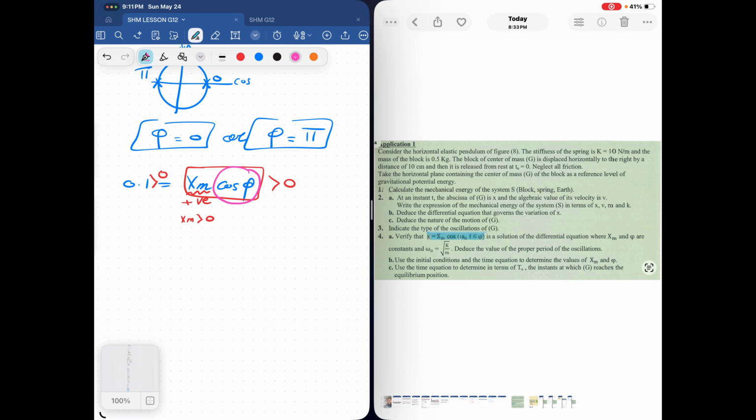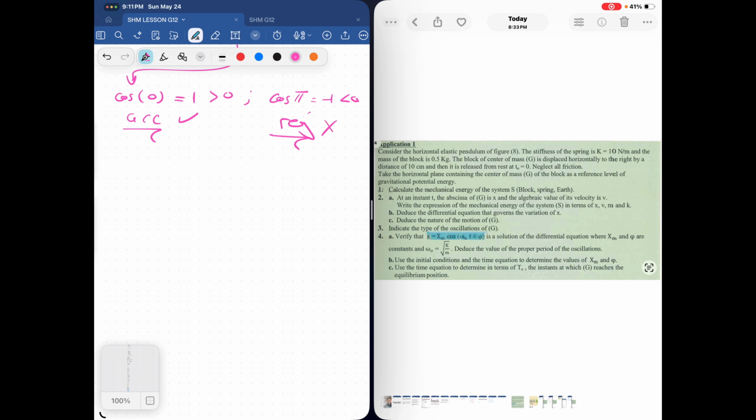Now we know that cosine 0 is equal to 1, which is positive, but cosine pi is equal to minus 1, which is negative, and so this is rejected while this is accepted.